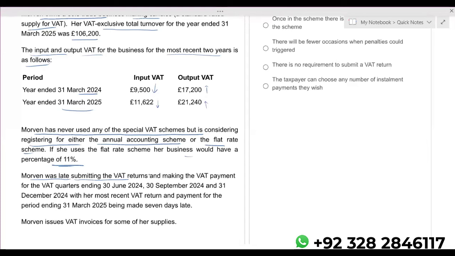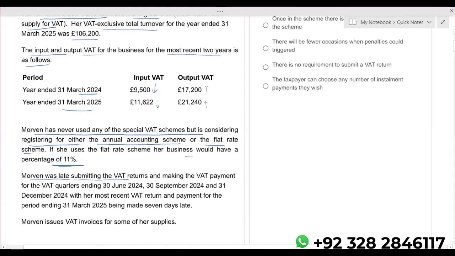And after that, any late submission of VAT return, you will be paying £200. But once you have reached the score 4, if subsequently the next 4 returns you submit on time, your score becomes 0.